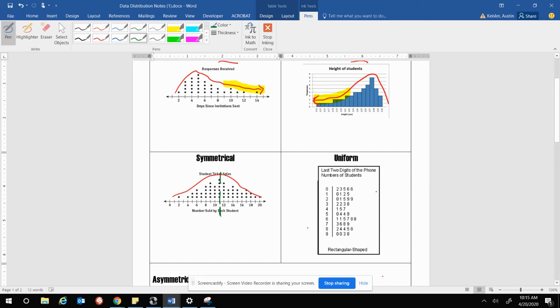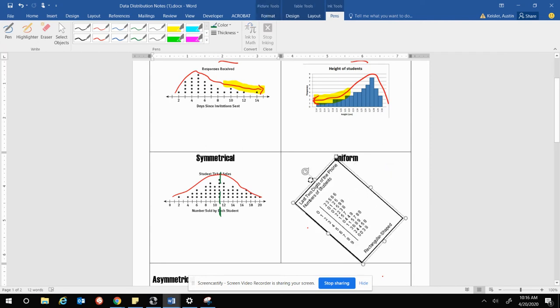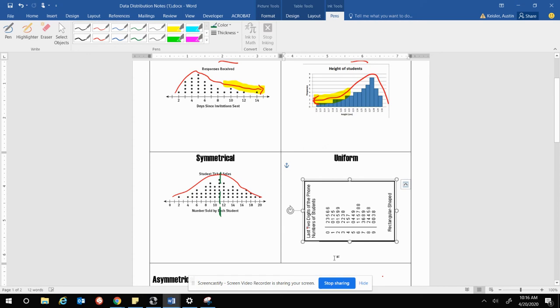My last type that we're going to cover is called a uniform. This one is a stem and leaf plot, and I'm going to show you the trick that I usually use on stem and leaf plots. I usually look at them this way, because if I turn them to the side like that, they look almost the exact same as a dot plot or a histogram. And then I can still trace my line over it.